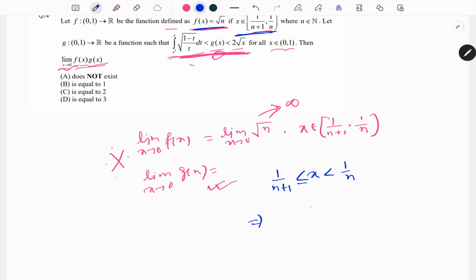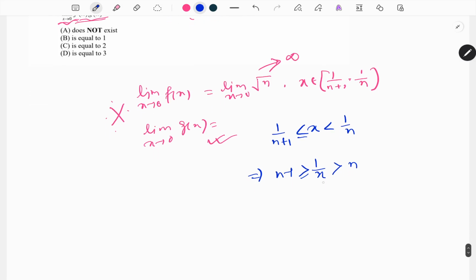Now if we take the reciprocal, then the inequality will change. So 1/x is greater than or equal to n, and this will be n+1. Now from here let's find the range of n.